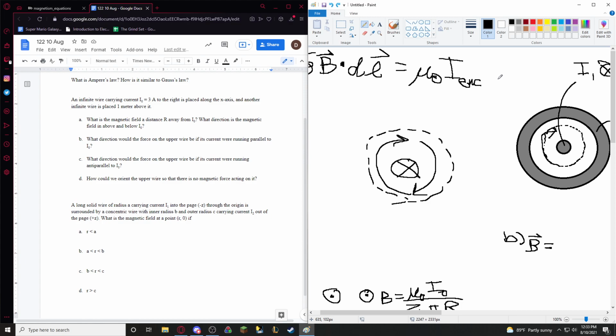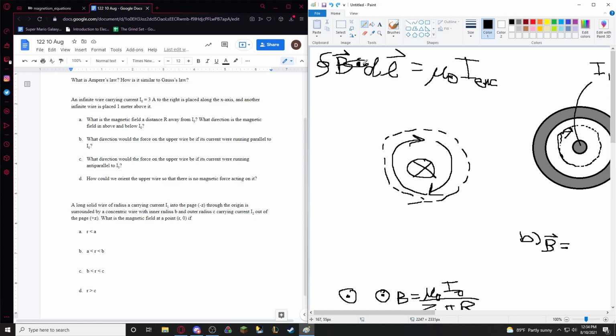Yep, and what's cosine of theta? Since they're in the same direction at all times, cosine 0, which is 1. Exactly. So we can ignore the dot, and it's just B times dl.